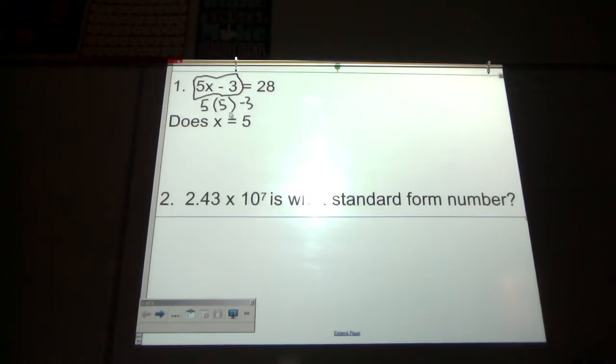What's 5 times 5? 25. And what is 25 subtract 3? 22, which does not equal 28. So does x equal 5? No. Answer is no.